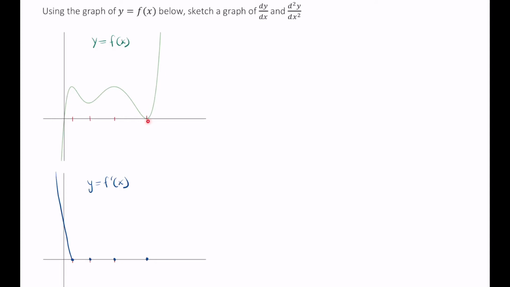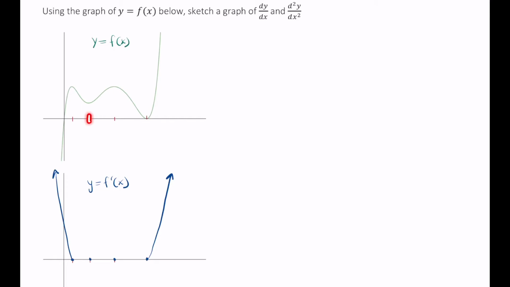And then on this rightmost interval, again, it starts off fairly close to 0. So I know I'm definitely going to get close to 0 here. But then it gets steep pretty quickly. So again, I'm going to sketch this graph so it's going uphill at a pretty quick pace, or very steeply.